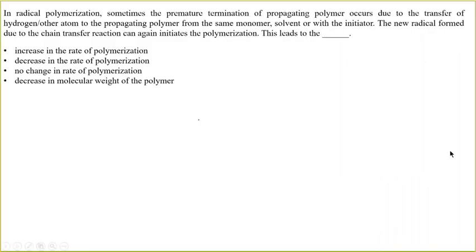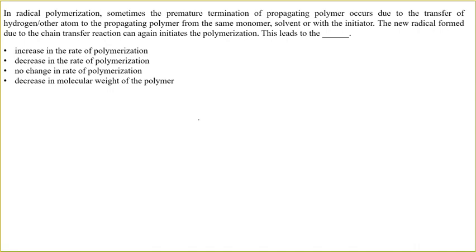So the premature termination of the propagating polymer leads to a decrease in the molecular weight of the final product as compared to the theoretically determined value. So in radical polymerization, if premature termination occurs, the theoretical value of the molecular weight which was expected will not be achieved, and a lower value than the theoretical value will be formed in the product.